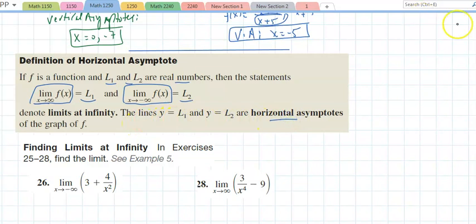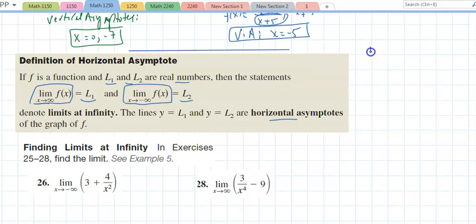And this is the idea. A horizontal asymptote is looking at what happens in the long run. If you let the system run forever, what's going to happen? If I keep on producing, keep on selling units, what would happen in the long run to the cost, to the price, to the revenue?